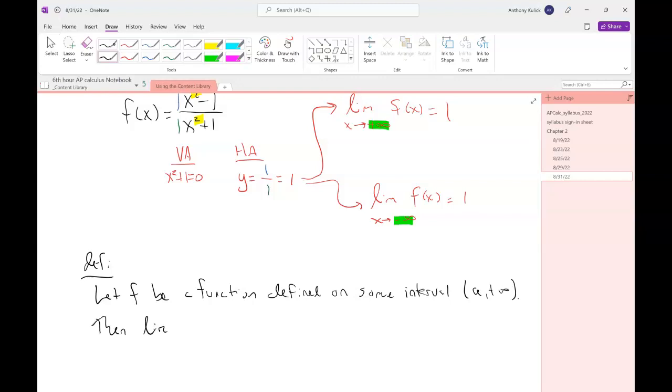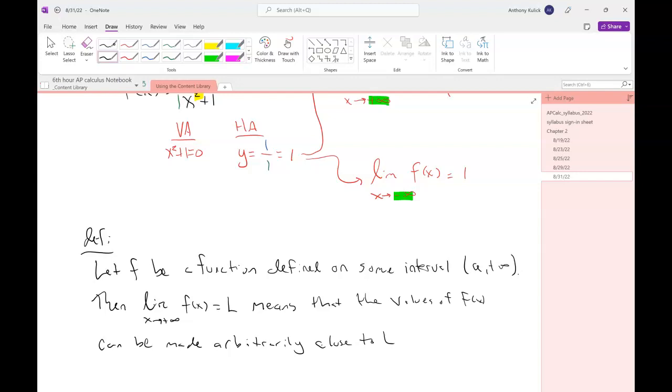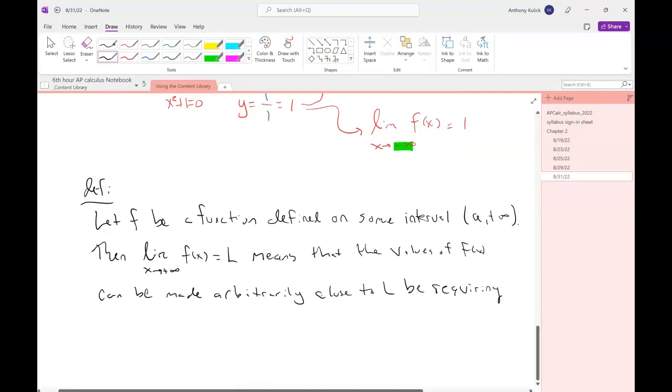Then the limit as x approaches positive infinity of f of x is equal to L means that the values of f of x can be made arbitrarily close to L by requiring x to be sufficiently big.